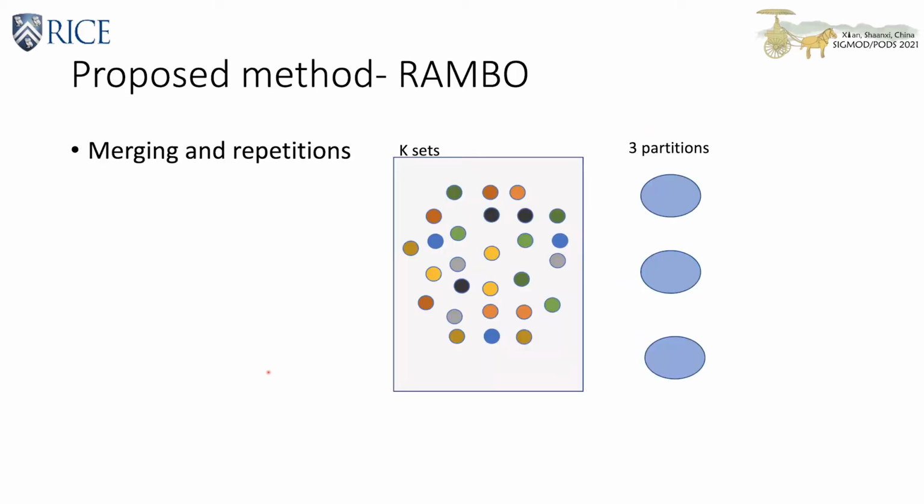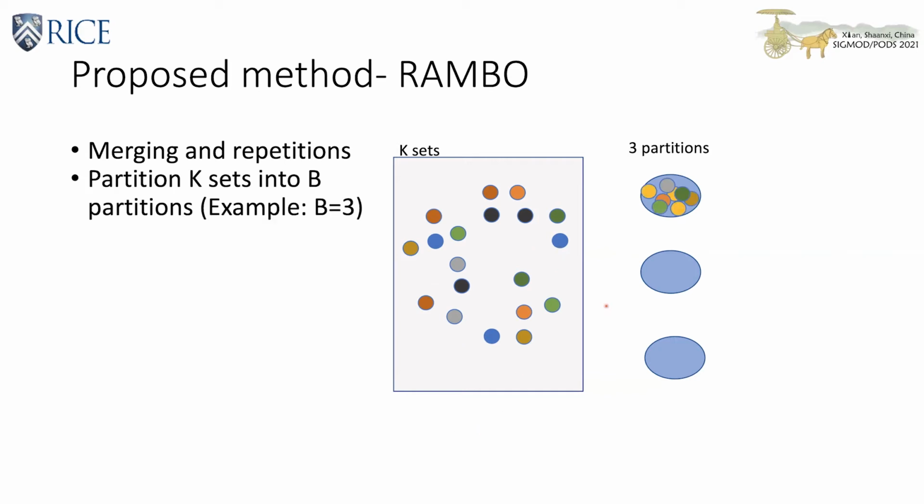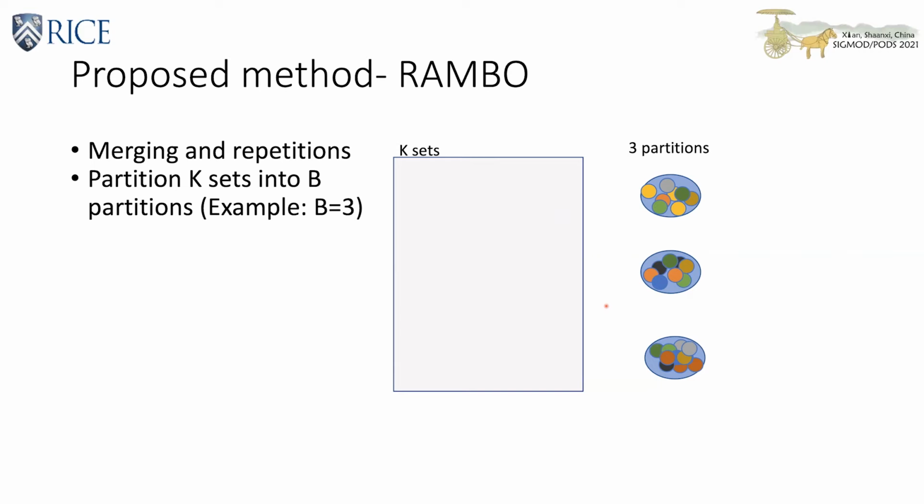We propose a method called RAMBO, repeated and merged Bloom filter. Here we have k sets from a file. Instead of considering one set at a time, consider a random group of them and merge them to a union set. Let's say we make 3 partitions of the entire group of k sets. Each partition is a union of approximately k over 3 sets.